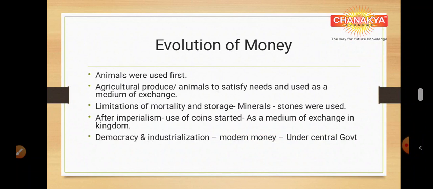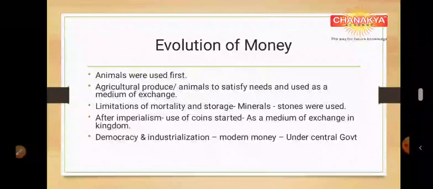In order to simplify the procedure of exchange and to introduce a universally acceptable medium which satisfies the store of value function under the barter system, animals were used as a medium of exchange. Yes, earlier, before the evolution of currency notes, we first used animals as a common medium of exchange.